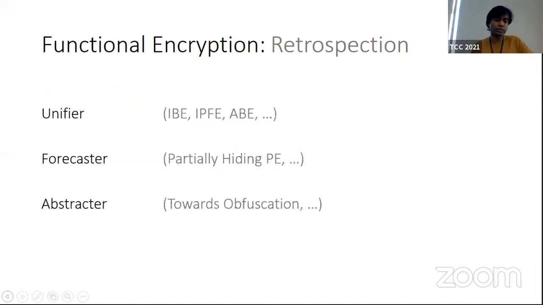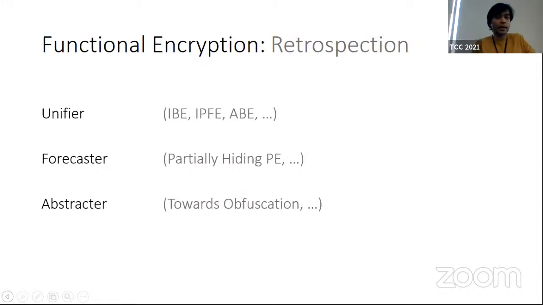And even beyond unifying, it has been able to capture interesting encryption models, such as partially hiding functional encryption, and has also been used as an abstraction to study more fundamental cryptographic objects, such as program obfuscation and more.